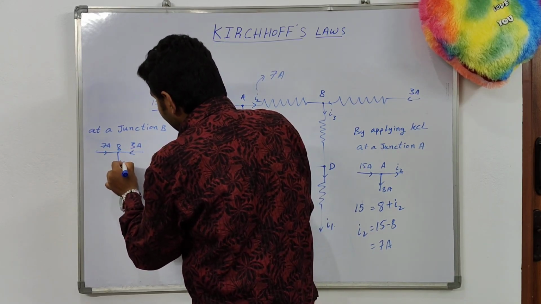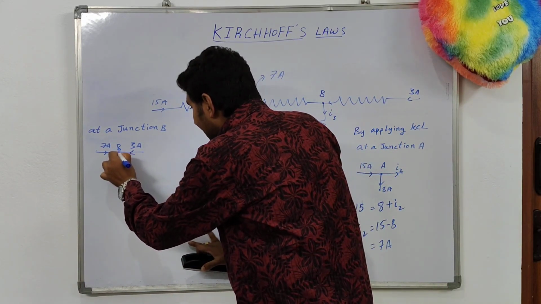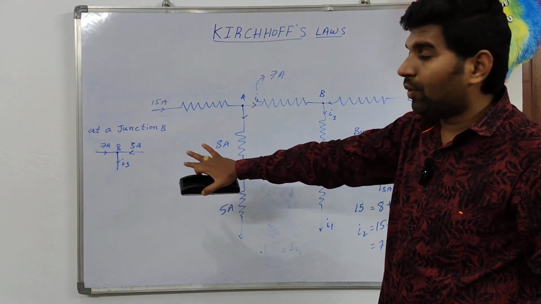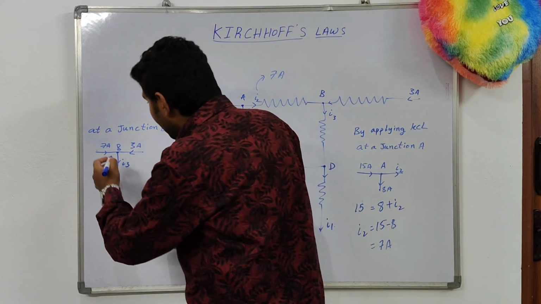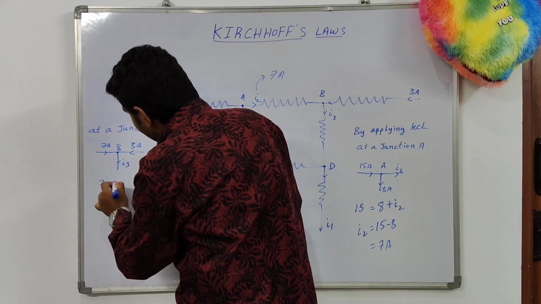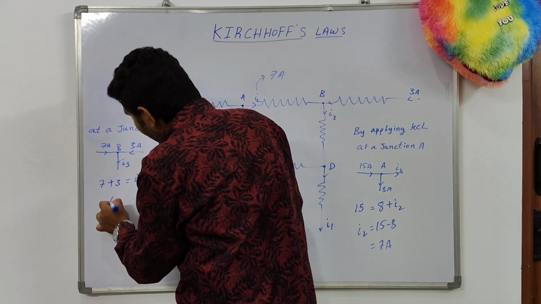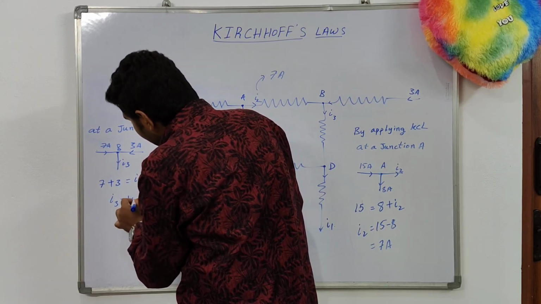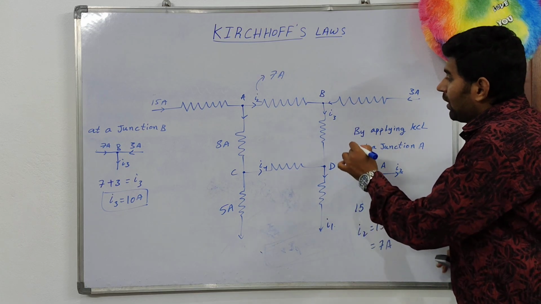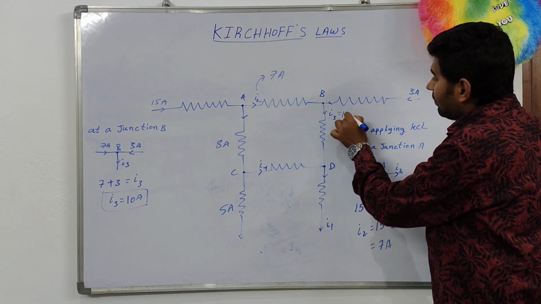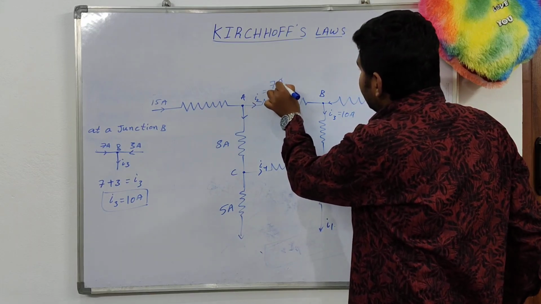What is the outgoing current? I3. By applying KCL at that particular junction point, the sum of the incoming currents is equal to the sum of the outgoing currents. 7 plus 3 is equal to I3. From this, I3 is equal to 7 plus 3, 10 amperes. By applying KCL, we got I3 is equal to 10 amperes, I2 is equal to 7 amperes.